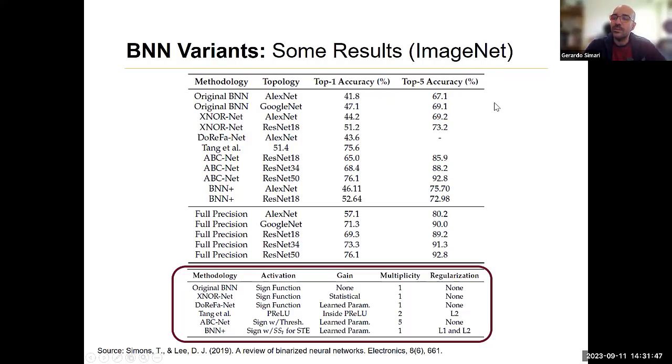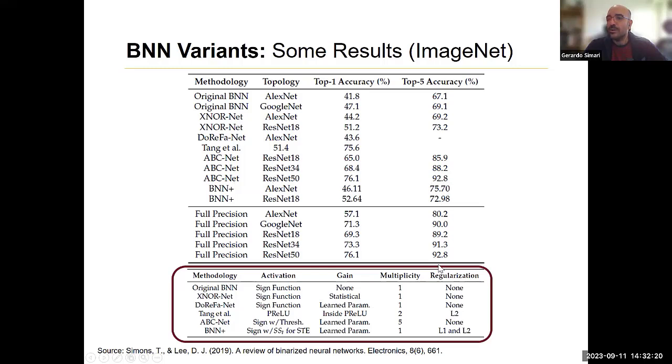ImageNet. So on the more complete test bed here, we can see the full precision. Again, this is comparing different topologies like AlexNet, GoogleNet, and different variants of ResNet. Top one is not that great, so the interesting values appear here at top 5, where we can see that some of them are reaching, like I was saying, ABCNet is pretty good.